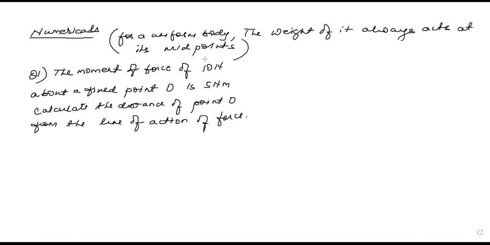Very simple, very easy. In physics problems, we always first write whatever is given in short. I'm going to write the answer, you just call it a solution. The moment of force of 10 Newton about a fixed point: looking at the unit, you can realize this is only force, F. What is F, children? 10 Newton.